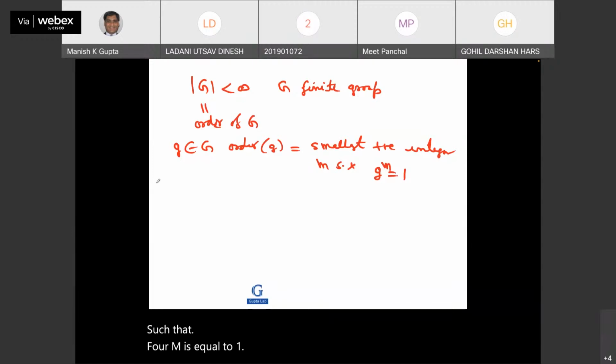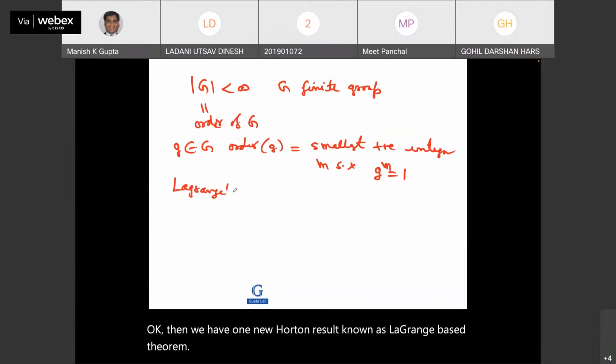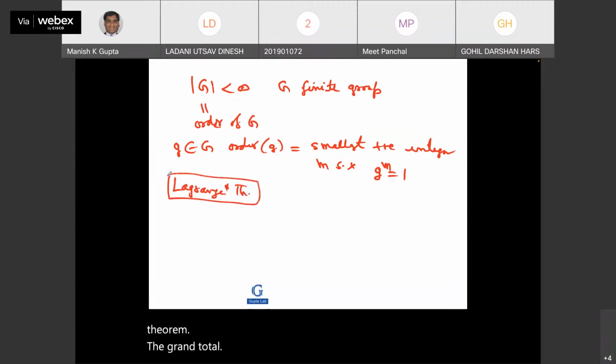Then we have one important result known as Lagrange's theorem. It says that if G is a multiplicative group, this symbol is for a multiplicative group.